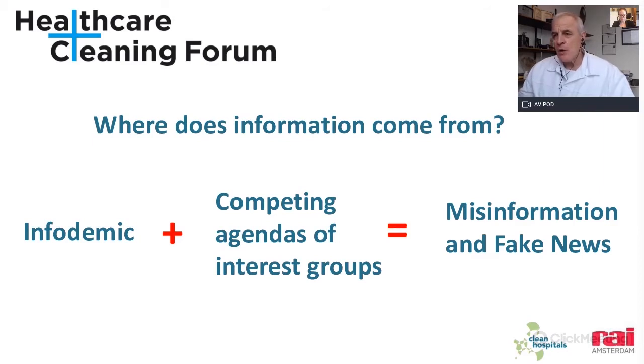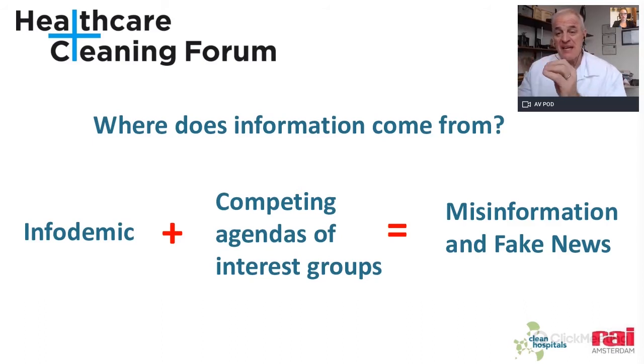Now, where the information is coming from is important at the current time of this pandemic. We are all suffering from too much information. This pandemic has been what some people call an infodemic, an epidemic of information with sometimes very bad information.